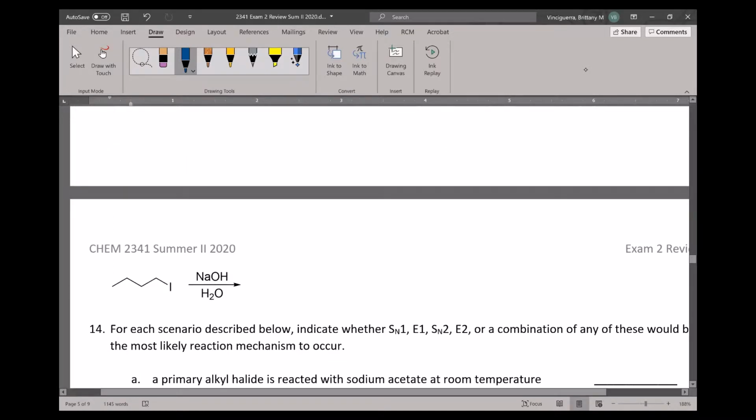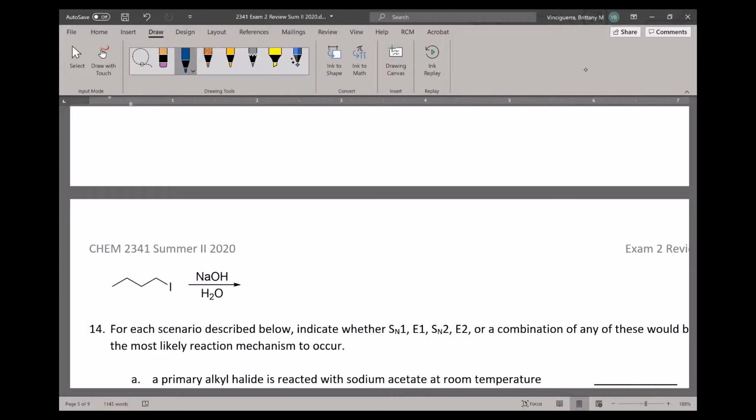Okay, next one, we have sodium hydroxide and a primary alkyl halide. Does the OH group attack the carbon connected to the iodine, kicking it out?